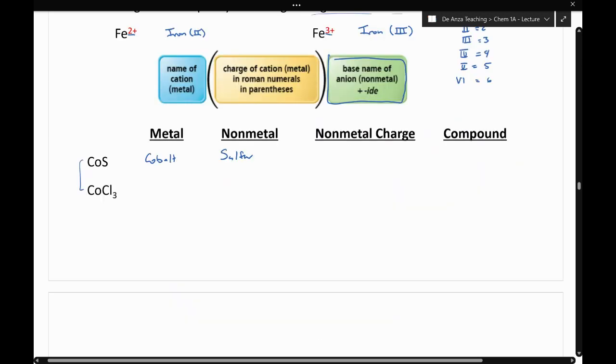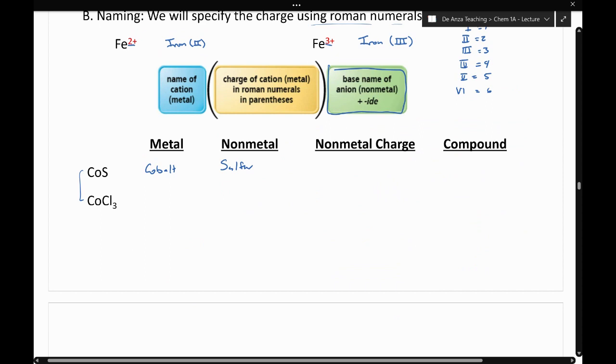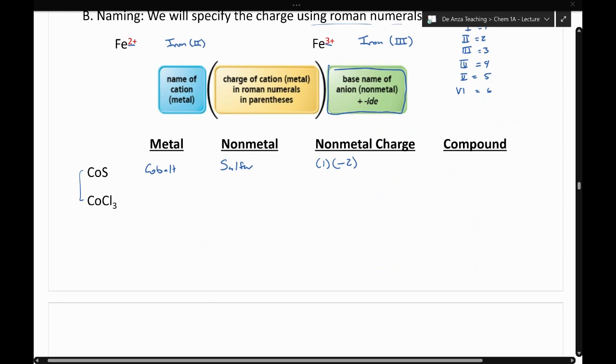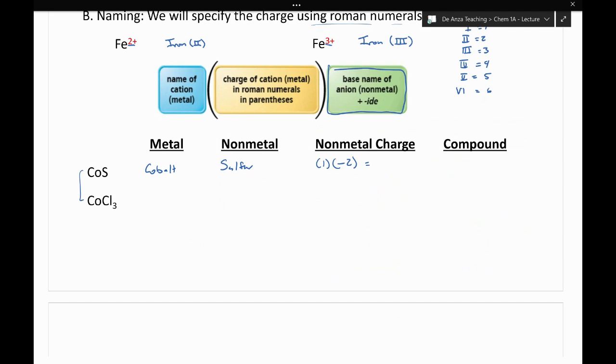So we can come down here, we can say that sulfur is typically a -2, and we know that we have a single one of those because we have that CoS. And so the net anionic charge, the net minus charge, is -2. To balance out the charge, if we only have one cobalt, it must also have a 2+ charge. So it must be cobalt(II).